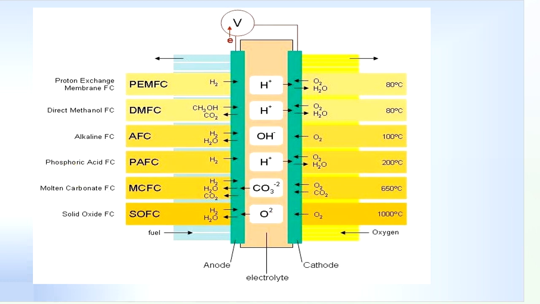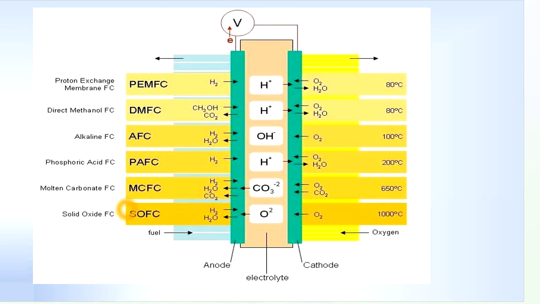If you look at the phosphoric acid type, hydrogen is input at anode, oxygen is input at cathode, and H plus ions travel in between through the electrolyte, and H2O is the output. The PAFC and PEMFC chemical reactions are almost the same, right, but this operates at 200 degrees centigrade, and this operates at 80 degrees centigrade.